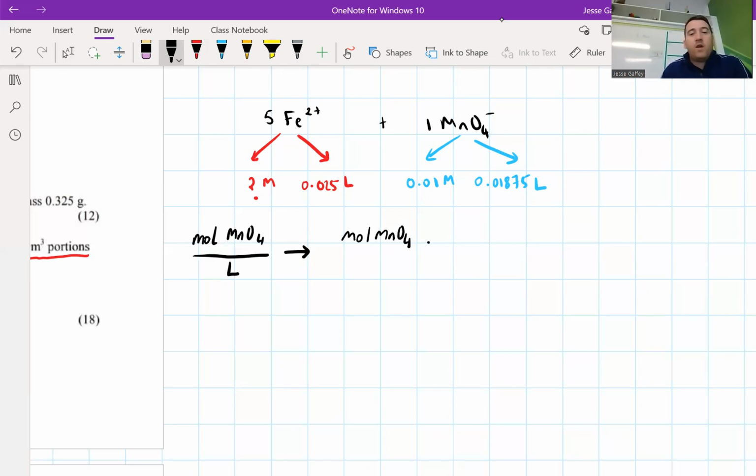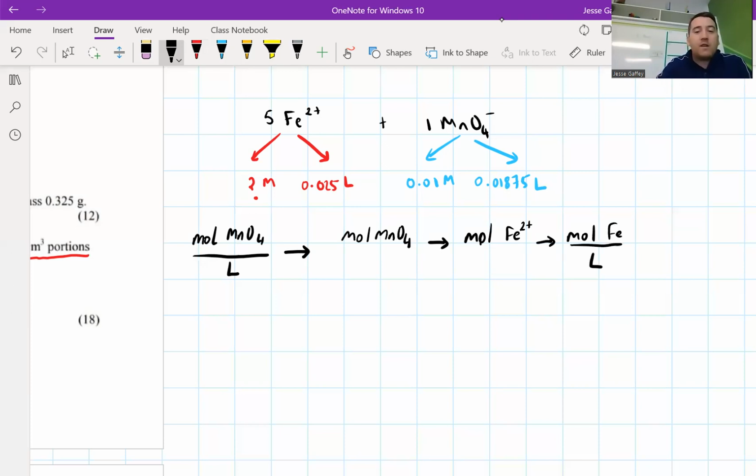From there, we can find out how many moles of Fe that reacted with. And that's moles of Fe per titration. What's the concentration in moles per liter? So moles of Fe per liter.